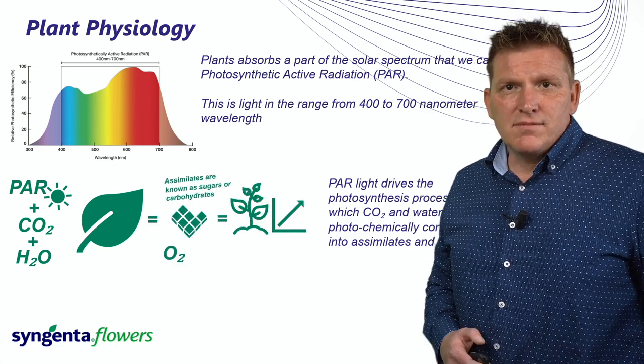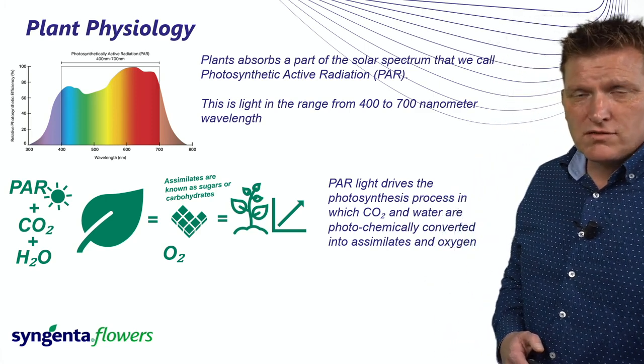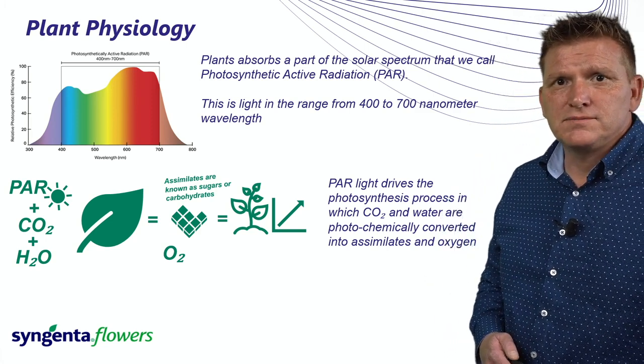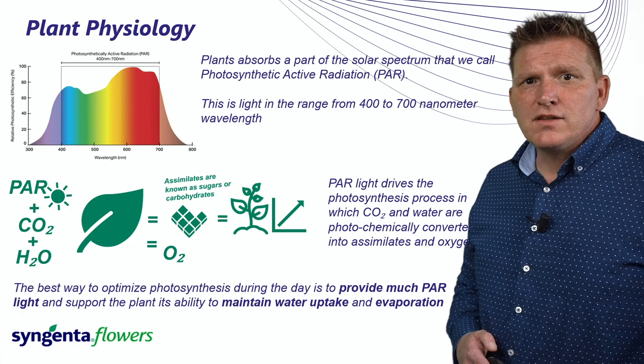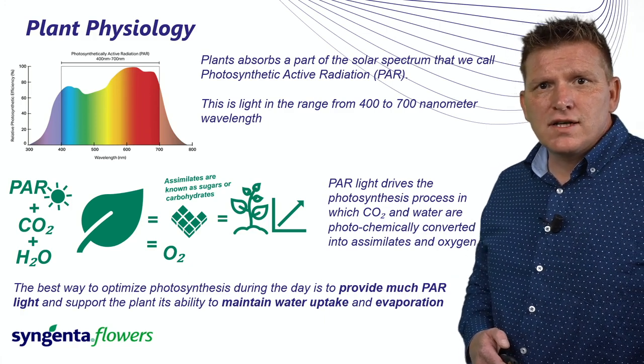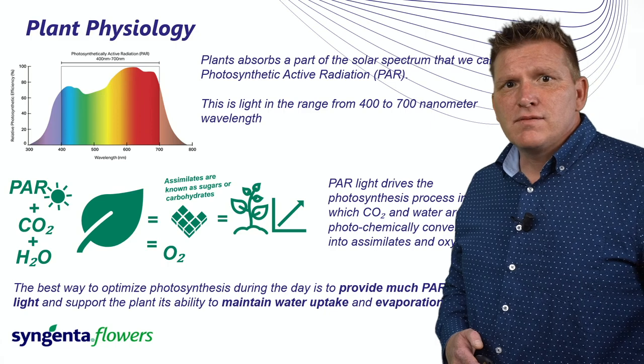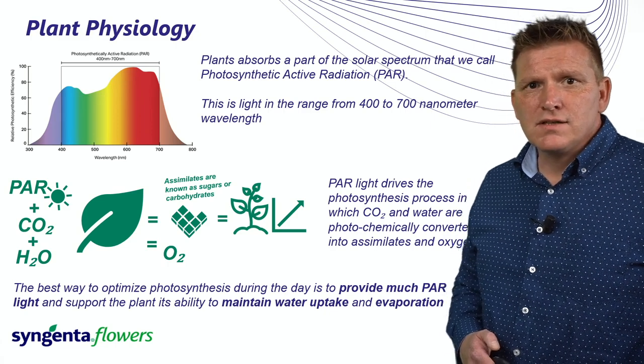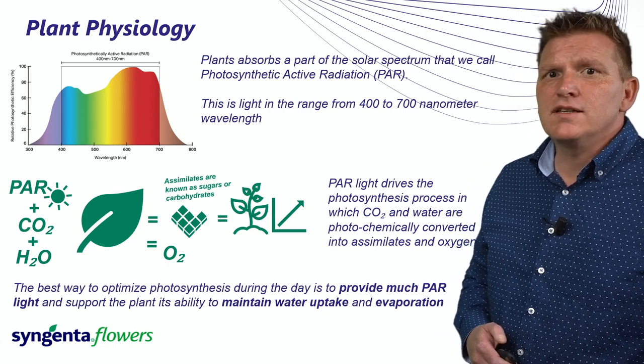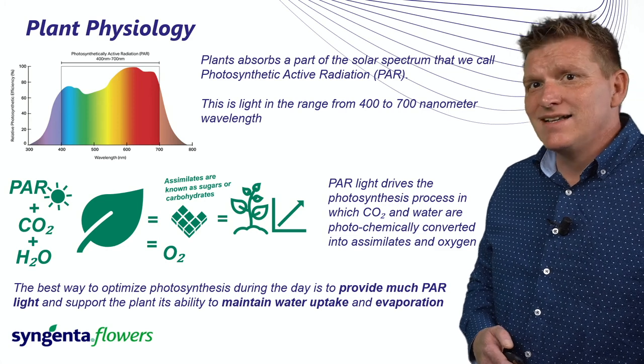And assimilates, those are the building blocks for healthy growth. So the best way to optimize photosynthesis during the day is to provide much PAR light, but support the plant in its ability to maintain water uptake and evaporation.